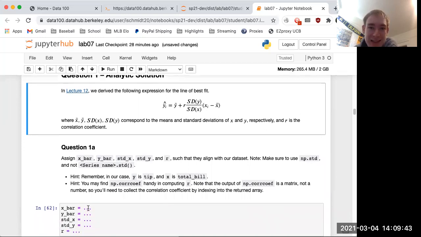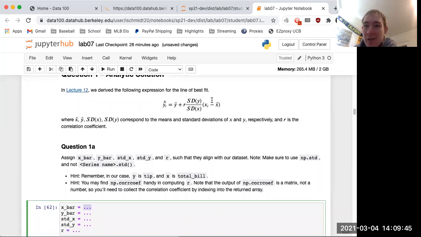Okay, so we can go ahead and calculate all these different terms that we're going to use to build our predictions and this formula. x bar and y bar are fairly straightforward. We can just call np.mean on tips of our x variable, which in this case is total bill, and np.mean of tips tip.